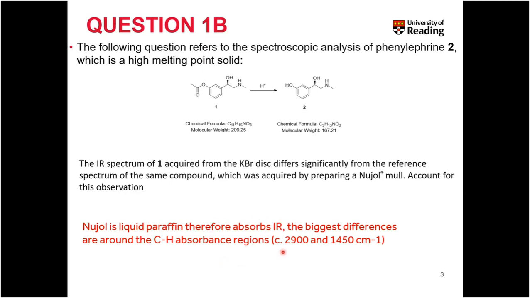These are typically around 2,900 wave numbers, but anything between 2,900 and 3,000 wave numbers would be accepted, and in the fingerprint region at 1,450 wave numbers. So you would expect to see peaks in the infrared spectrum at these absorbances. And so that is the key factor that would cause a Nujol mull sample to have a different infrared spectrum to one prepared with a potassium bromide disc.